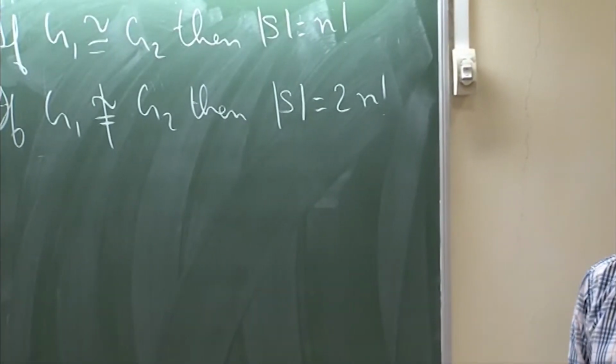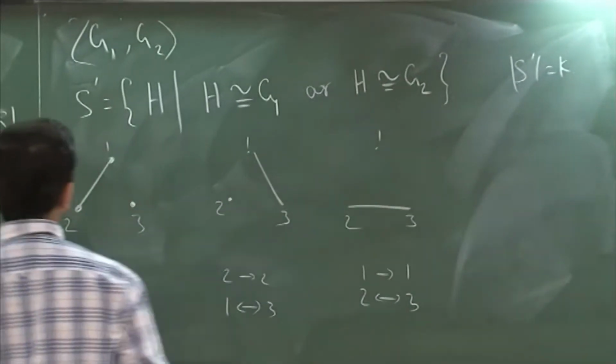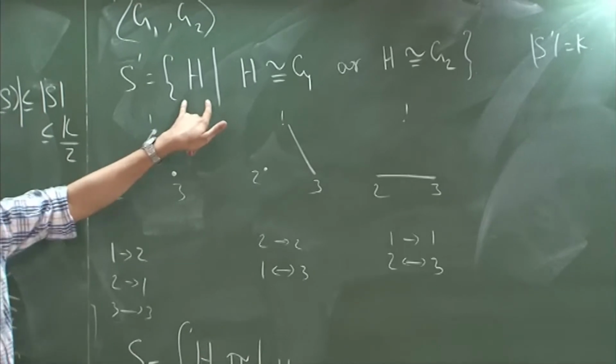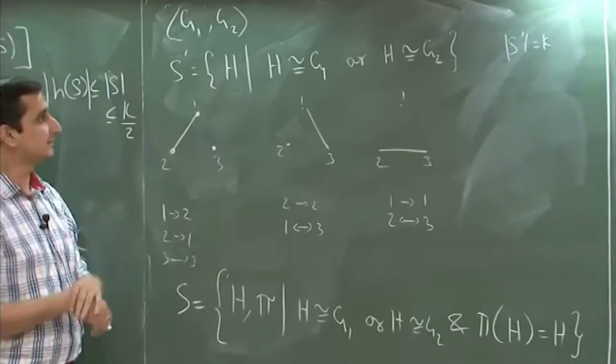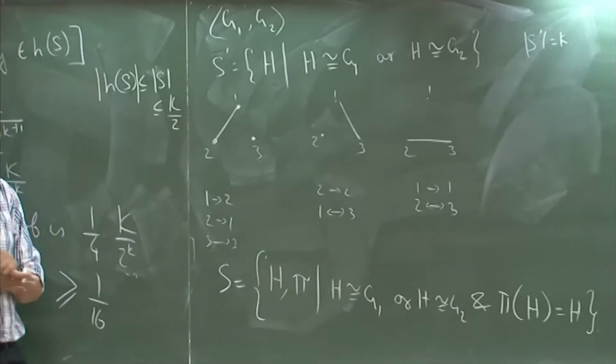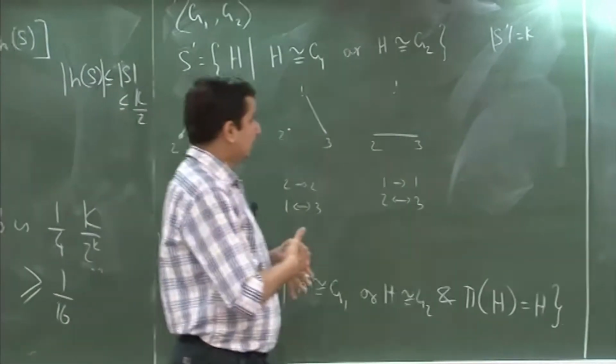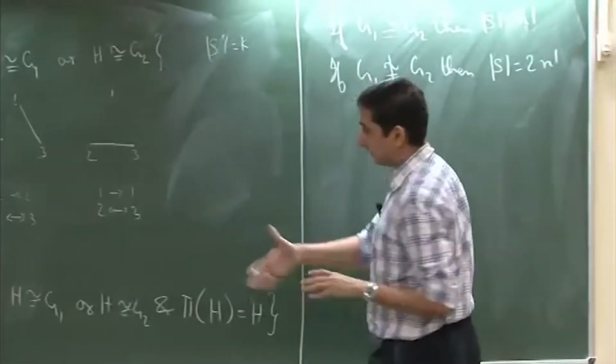Okay. The point of raising this example is that if I just take this as my set, then this property need not be true. There need not be a gap of n factorial. But we can always pick this set.